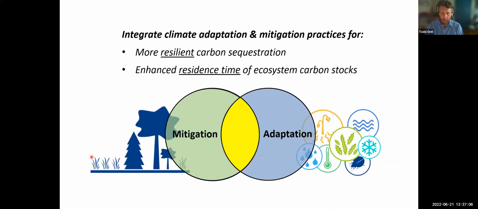So we may take a little bit of a hit, we may lose some carbon in the system, but the carbon that remains and the carbon that we regain over time has longer residence time. It's going to be less impacted, I should say, by future disturbances.